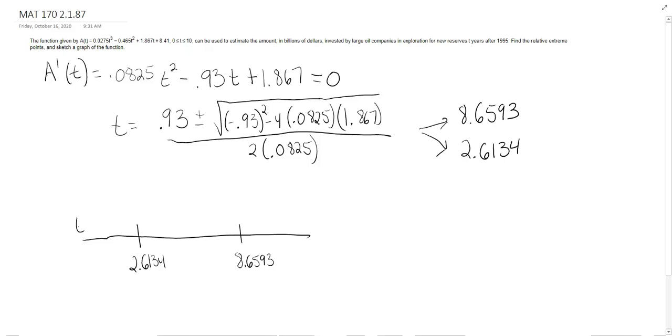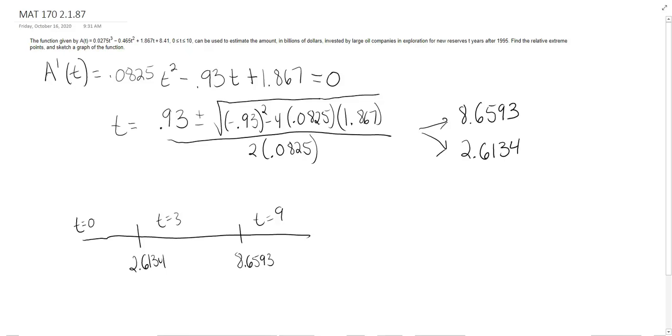Over here I'll pick t equals 0. For the middle region it doesn't really matter what we pick, just something between the two, so why not t equals 3, and then something bigger than 8.6593. Let's just go with t equals 9. We take these one at a time and put them into A prime.